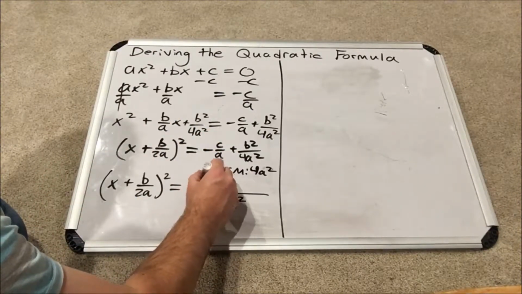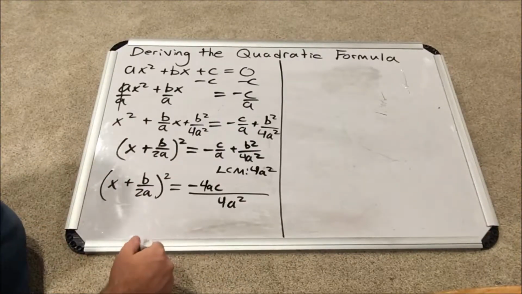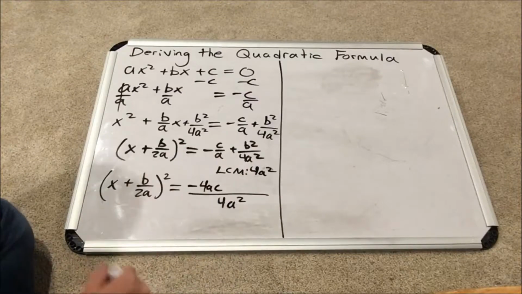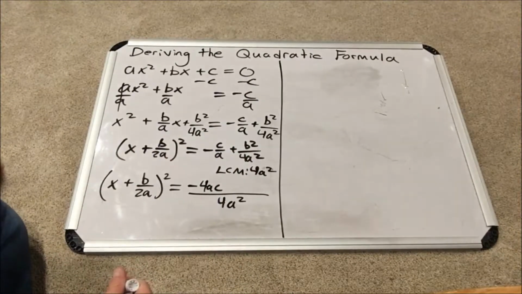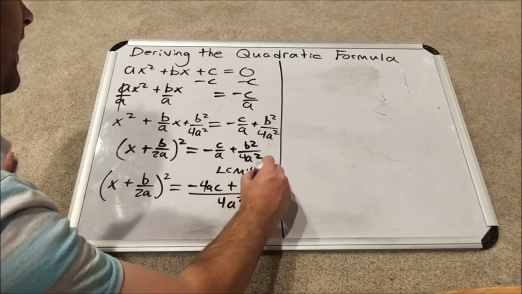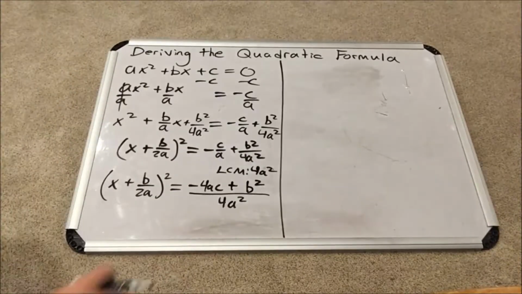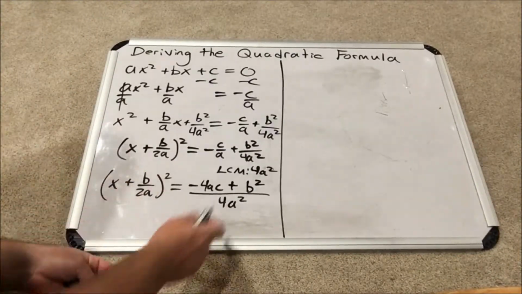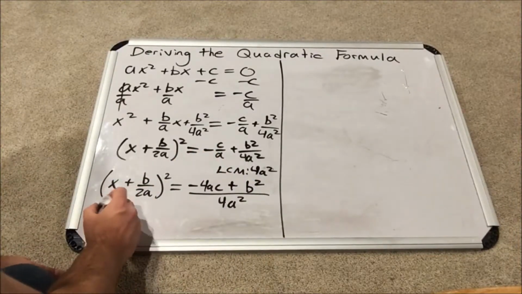You get negative 4ac. The second fraction's numerator does not need to be multiplied by anything because it already has the entire denominator from the least common multiple. So we'll just add the b squared. Now it's customary in algebra for us to reorder these terms so that the first term is positive. It looks a little cleaner.